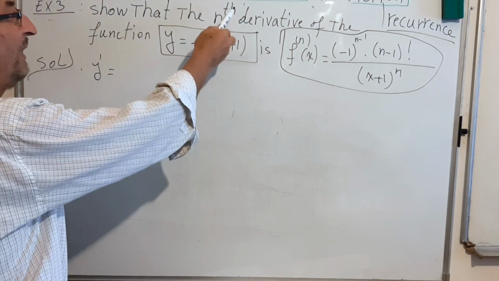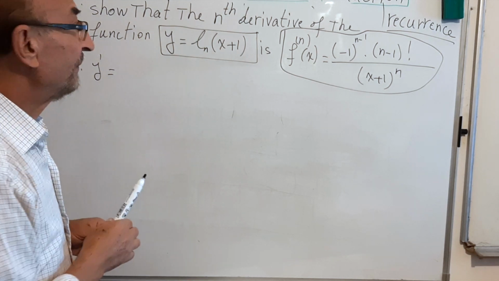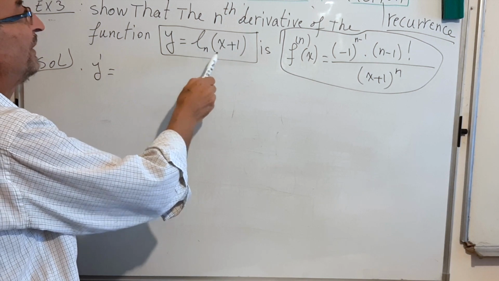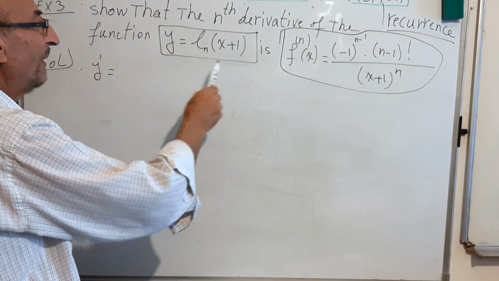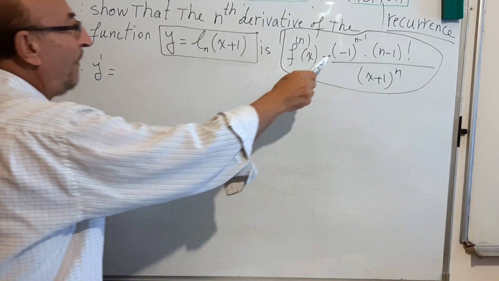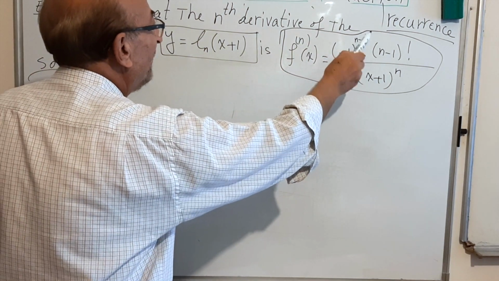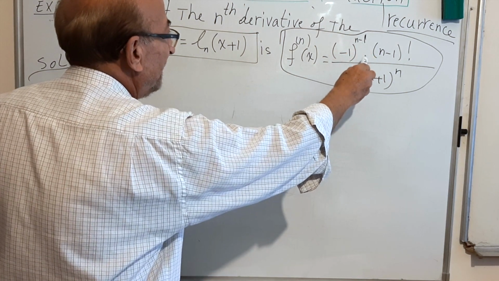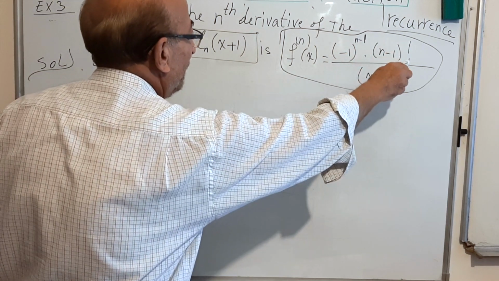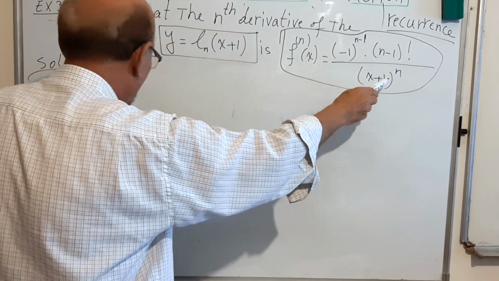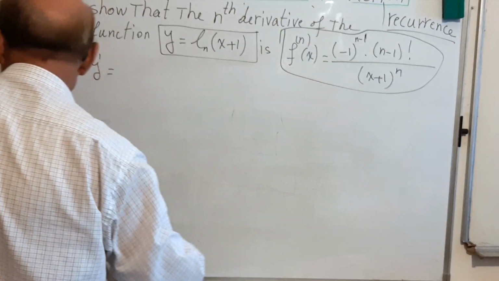Show that the nth derivative of the function y equal ln of x plus 1 is f n of x equal minus 1 to the power n minus 1 times n minus 1 factorial over x plus 1 power n.